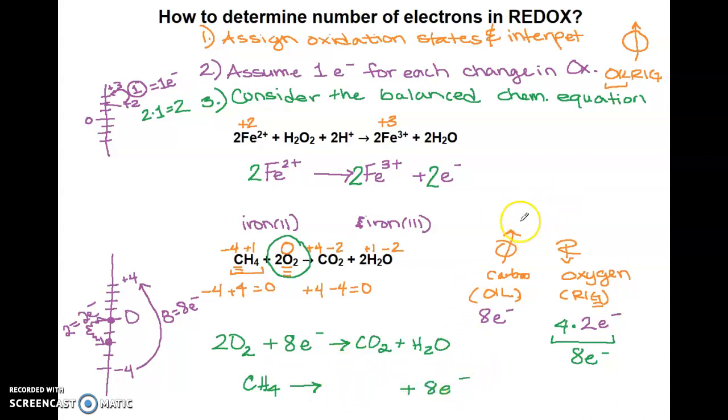So there are 3 major steps. Assign your oxidation states and interpret. Interpret what was oxidized and what was reduced. That's going to help you know gain or loss. You need to assume 1 electron for each movement of oxidation state, and that can be big, like 8, or it could be small, like 1 or 2. But finally, consider the balanced chemical equation.